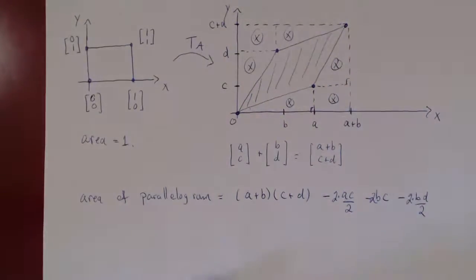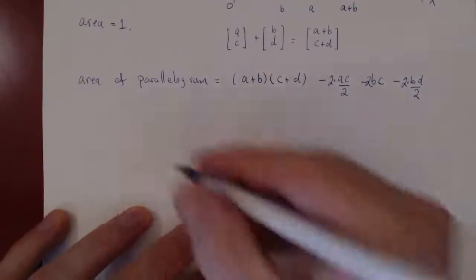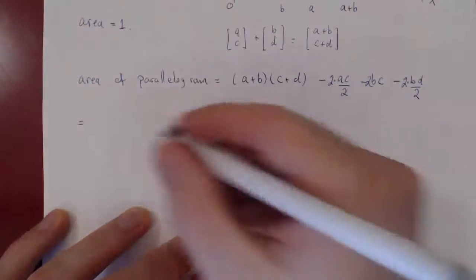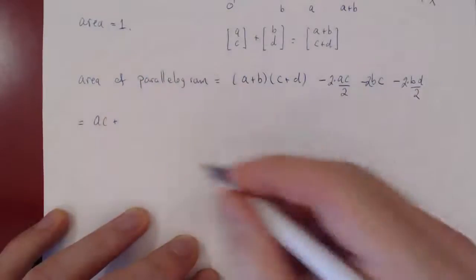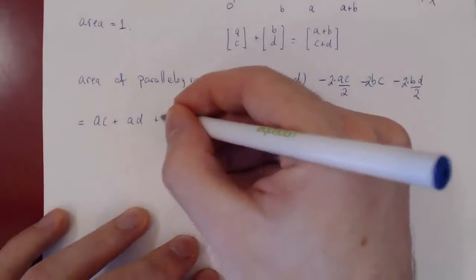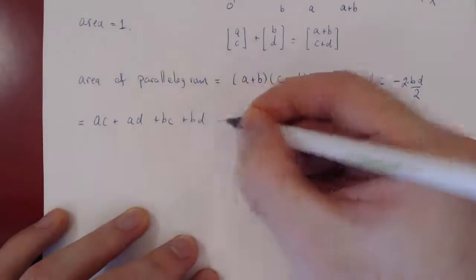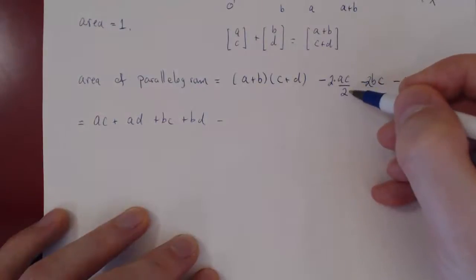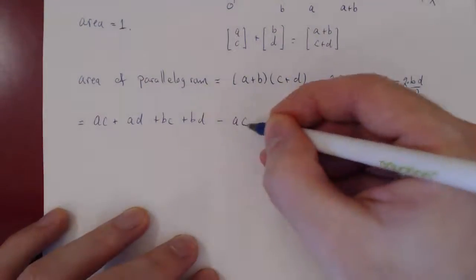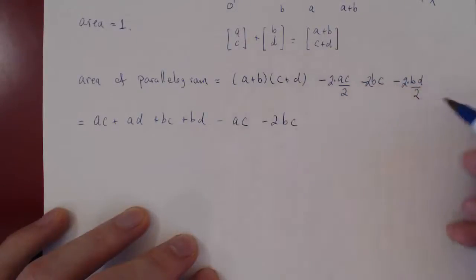Let's simplify and see what comes out. If we expand, we'll have AC plus AD plus BC plus BD minus, well, 2 over 2 will give you minus AC, minus 2BC stays minus 2BC, minus 2 over 2 cancels BD.